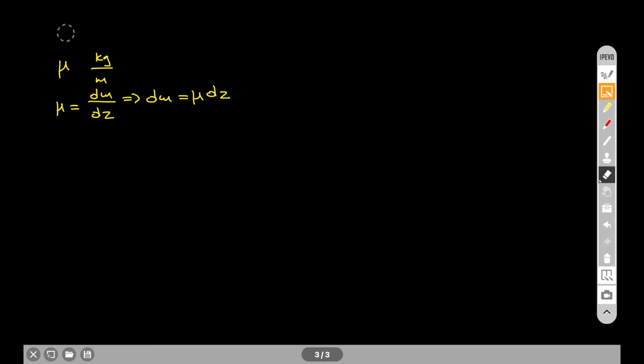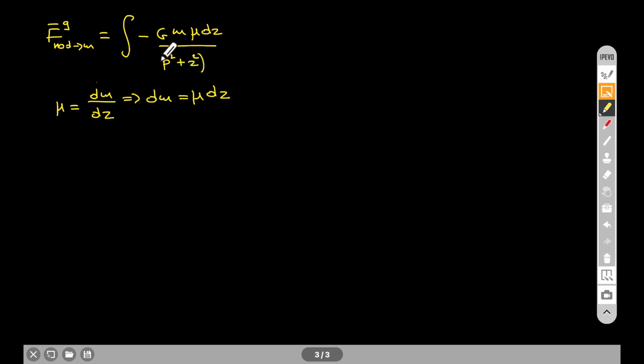And now I'm going to go back to my integral and see what I get when I do that. So my gravitational force from the rod on the point particle was the integral of minus G m, and I said dm is going to be mu times dz, and I had rho squared plus z squared to the power of 3 over 2, times rho rho hat minus z z hat.